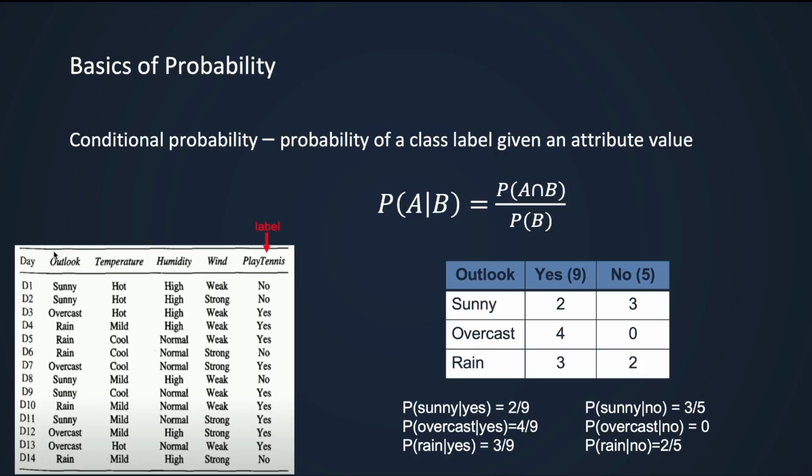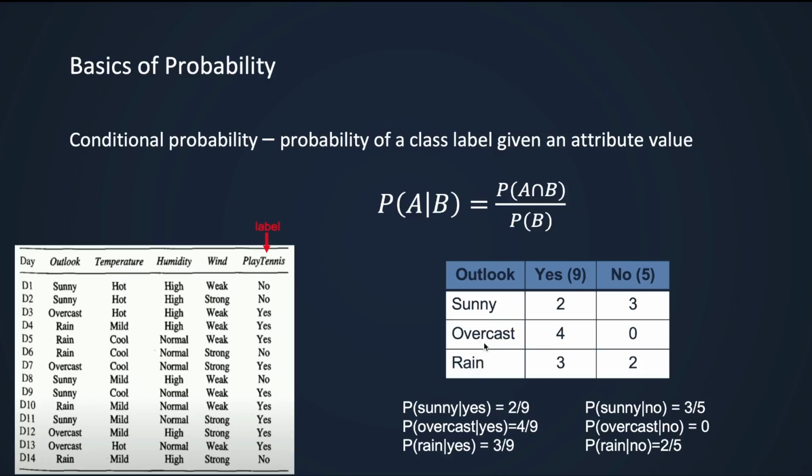Now let's go to the outlook. We want to check the conditional probability of outlook with respect to playing tennis. To capture conditional probability, first we take all values of the outlook attribute, that is sunny, overcast, rain.